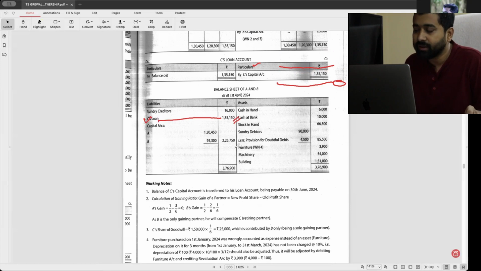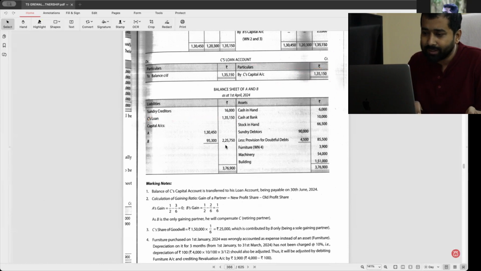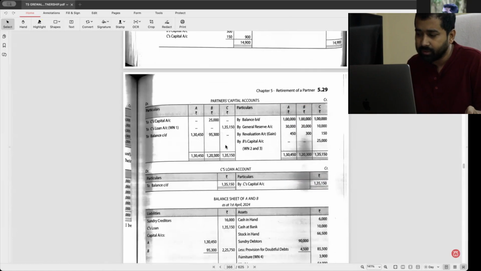Now at the end, they are asking to make C's loan account also. What you have written in partners' capital, you have not paid yet. So C's loan account as at 1st April 2024. Partners' capital account debit to C's loan account, correct or not?